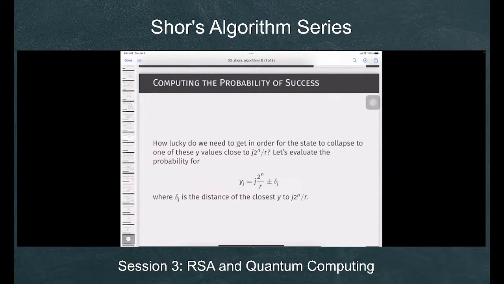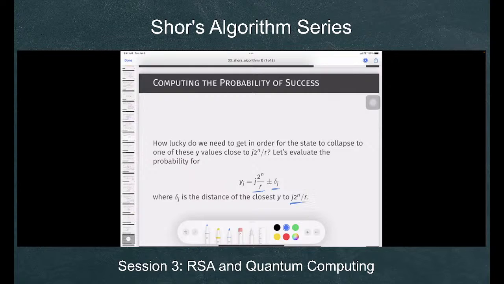In order to do that, we want to evaluate the probability of getting the value yj, where yj is this thing here plus some very small value, where delta j is the distance of the closest y to this value here.